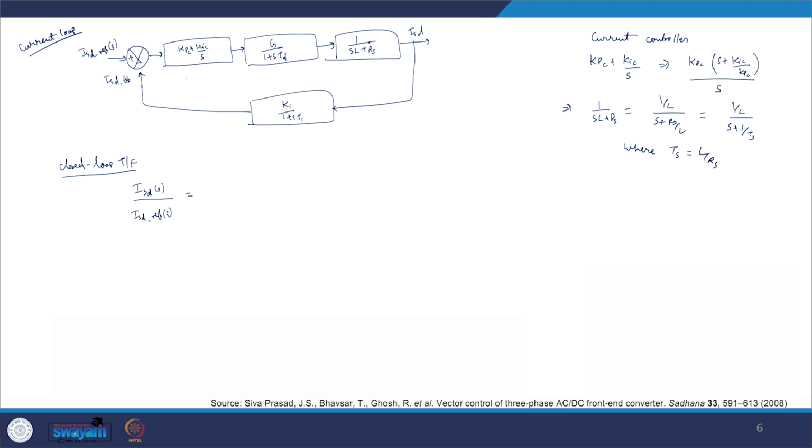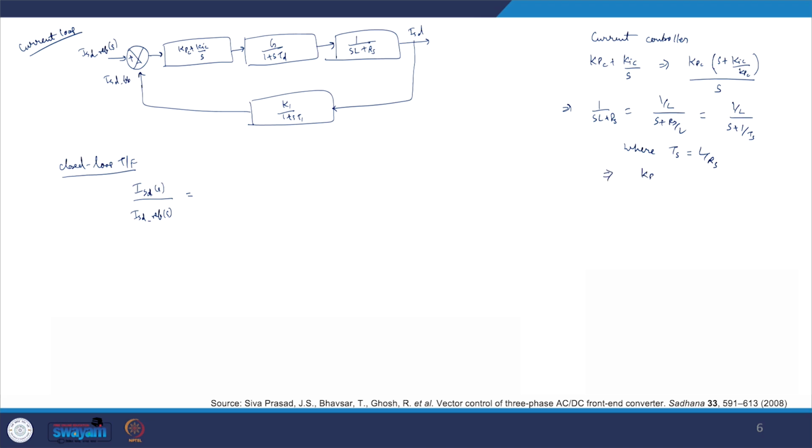So in this current loop, one simple approach to obtain the current controller parameters is by cancelling the pole associated with L and Rs with the 0 in the current controller, which gives us the condition to arrive at the current controller parameters.